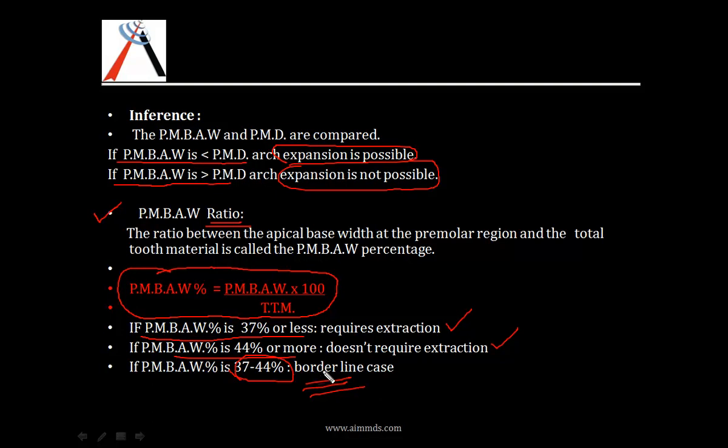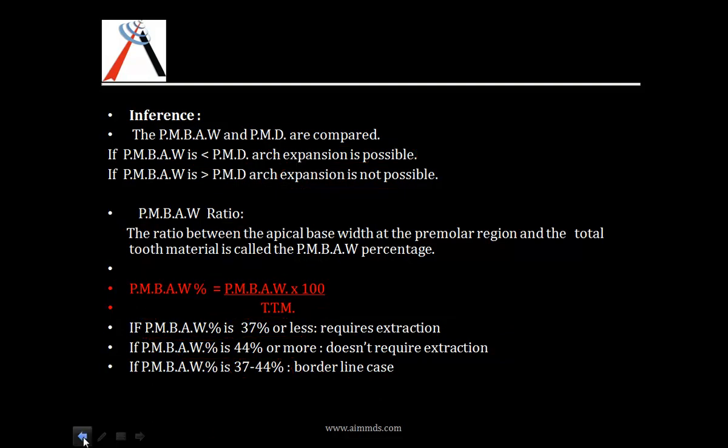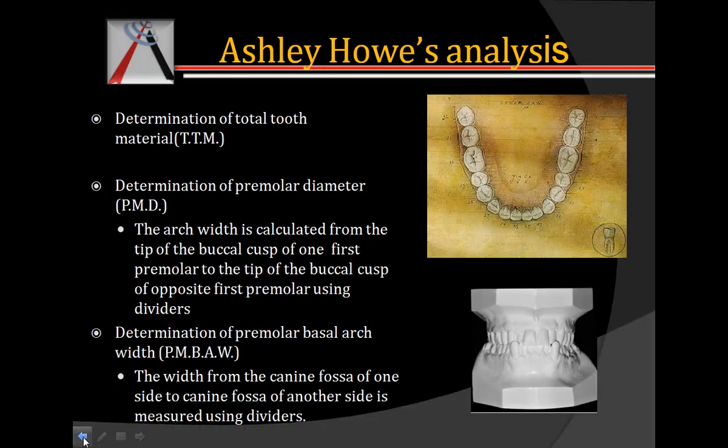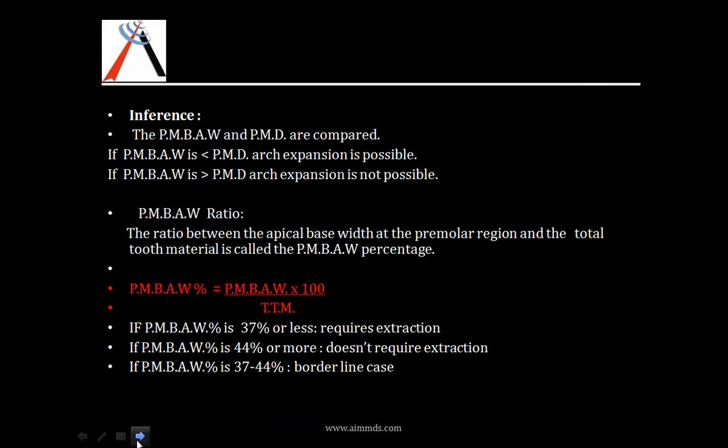So in Ashley-Howe analysis, we use three things: the premolar basal arch width, the premolar diameter and the total tooth material. We then also draw a premolar basal arch width ratio by using this formula. And two inferences are drawn about arch expansion and about extraction or a non-extraction case.